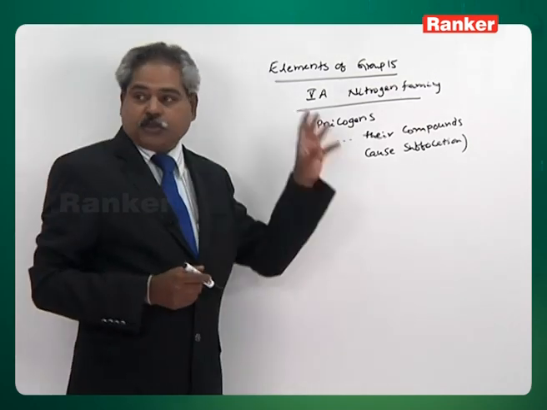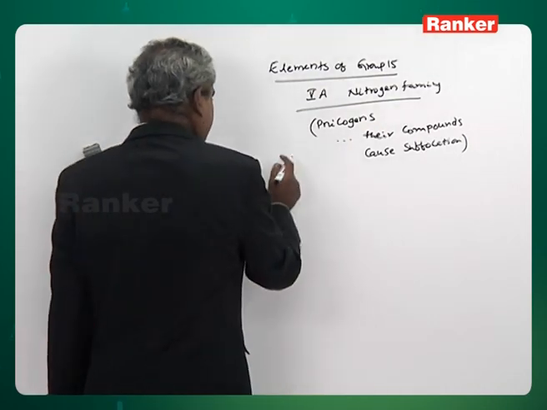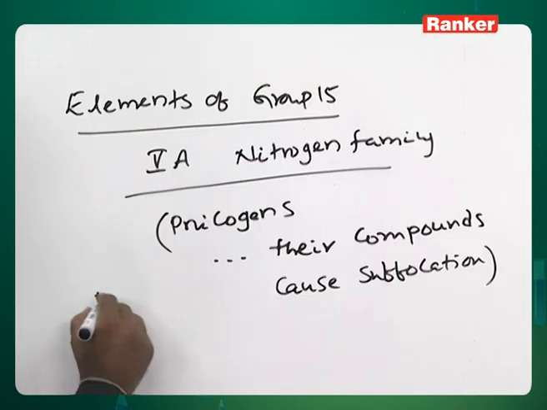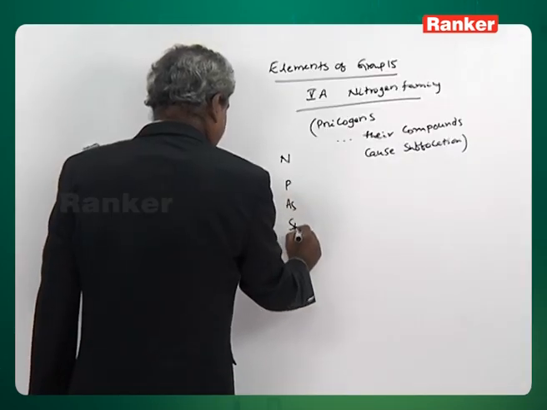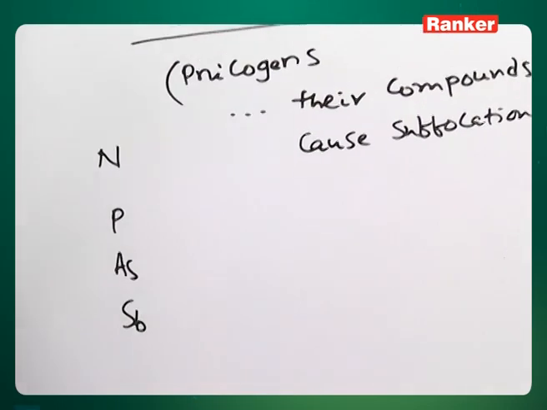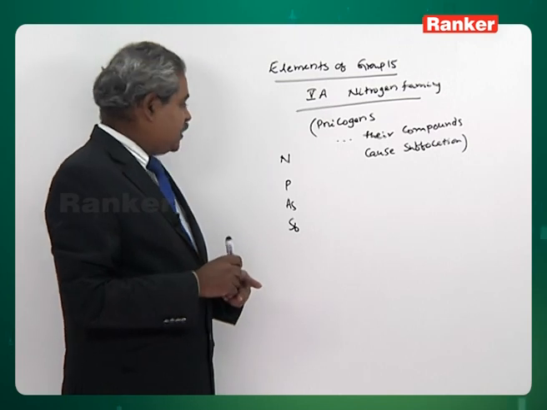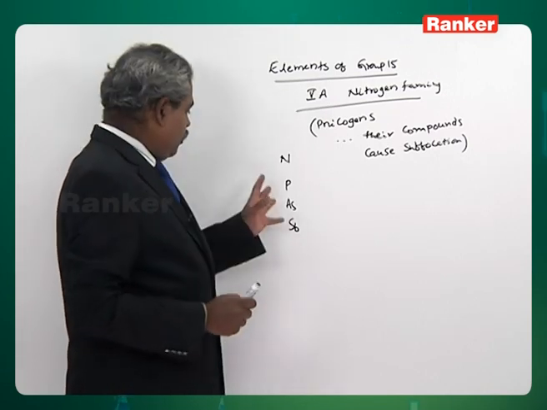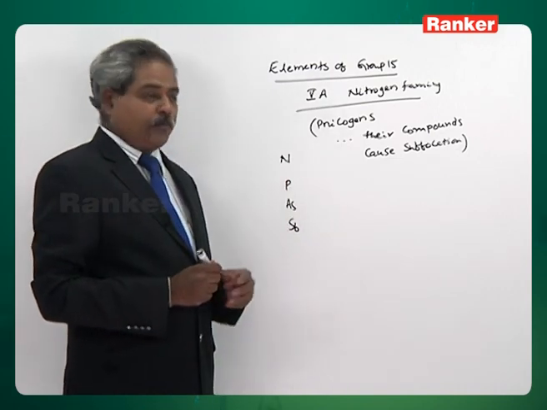Their compounds cause suffocation. Which of those compounds cause suffocation? What are the elements? Nitrogen, phosphorus, arsenic, antimony. They are slightly toxic also, poisonous in nature. Arsenic compounds, or arsenic itself is a poison. Even phosphine, PH3, is also poisonous.